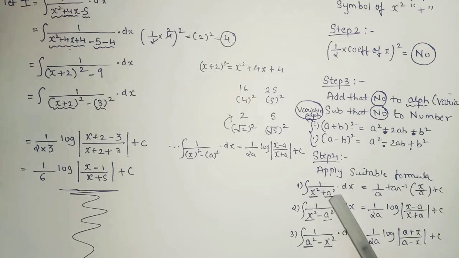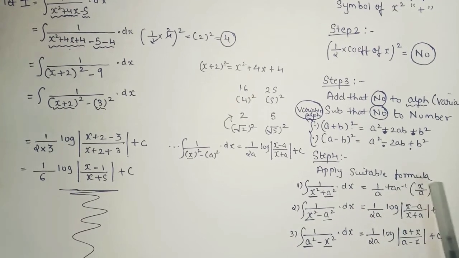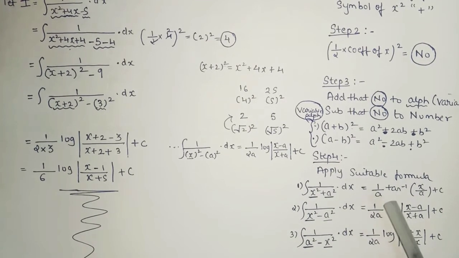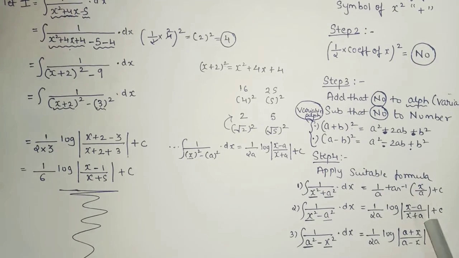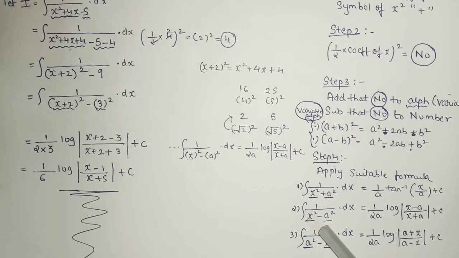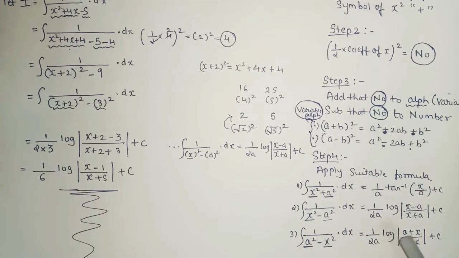Integral 1 upon x square plus a square equals 1 upon a tan inverse x upon a plus c. The second one is 1 upon x square minus a square into dx, that is 1 upon 2a log of x minus a upon x plus a, inside the mod, plus c. The third one is 1 upon a square minus x square into dx equals 1 upon 2a log mod.